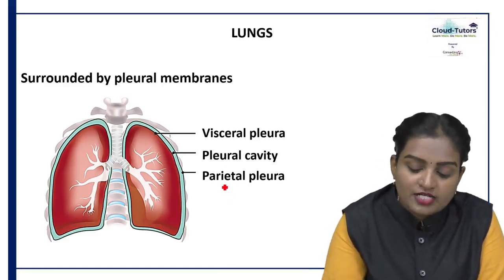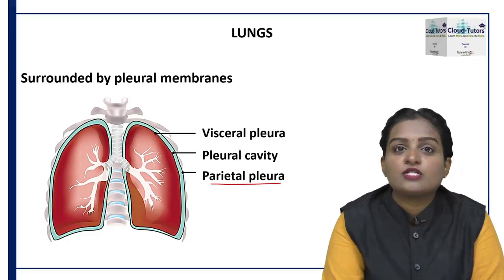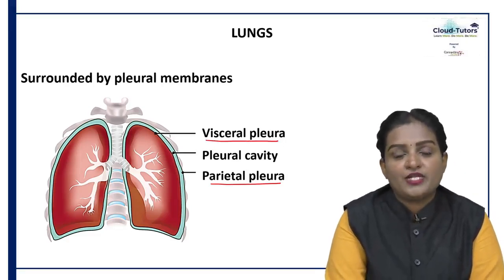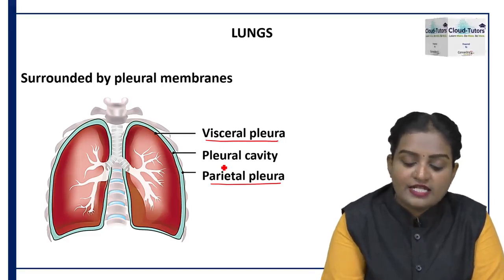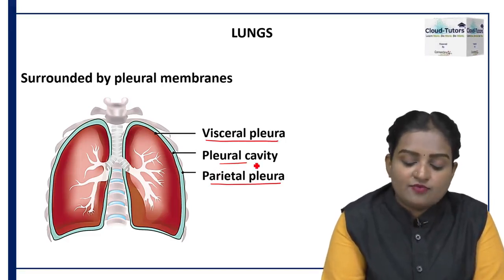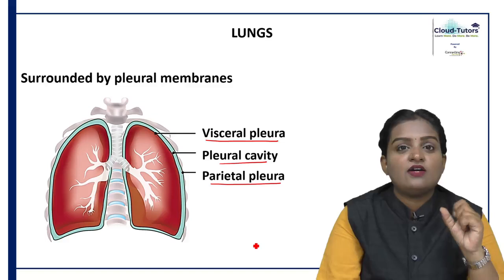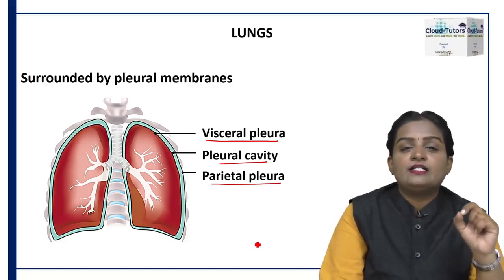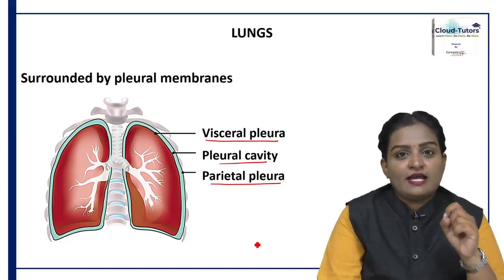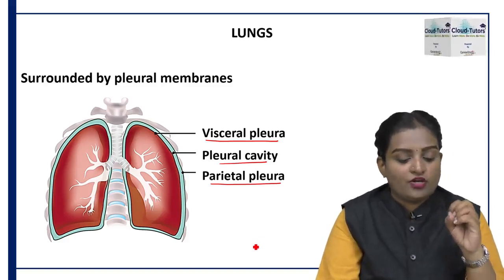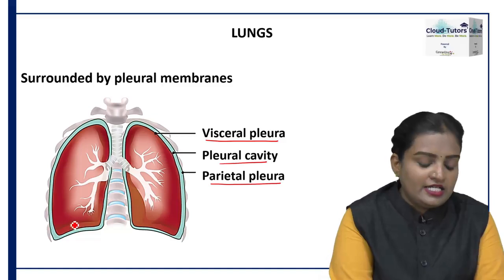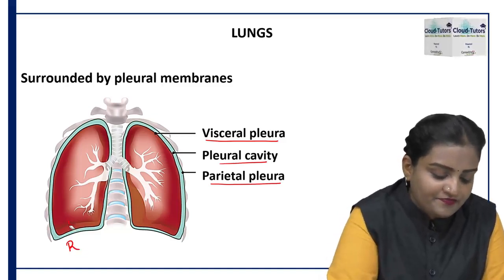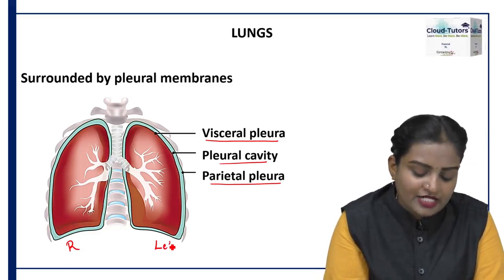The outer pleural membrane is known as the parietal pleura and the inner pleural membrane is the visceral pleura. Between these 2 membranes there is a cavity, the pleural cavity, filled with fluid, the pleural fluid. This prevents the lungs from getting damaged by mechanical shocks. And here, this is the right lung and this is the left lung.